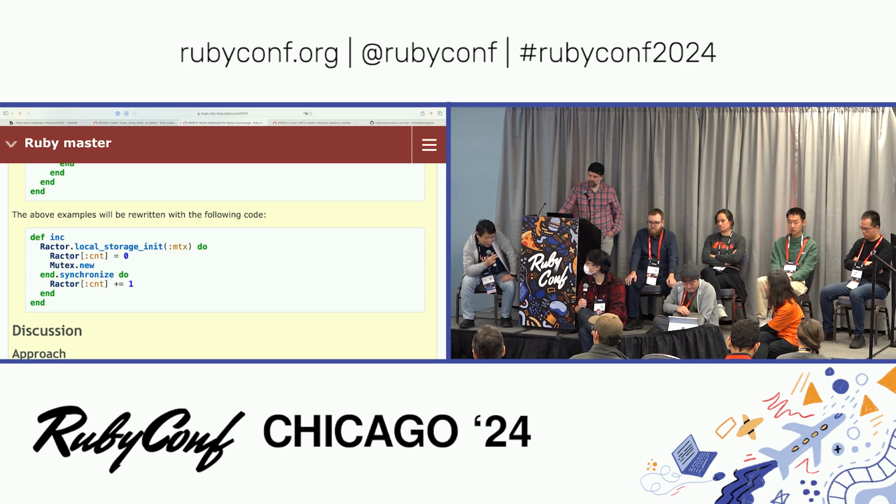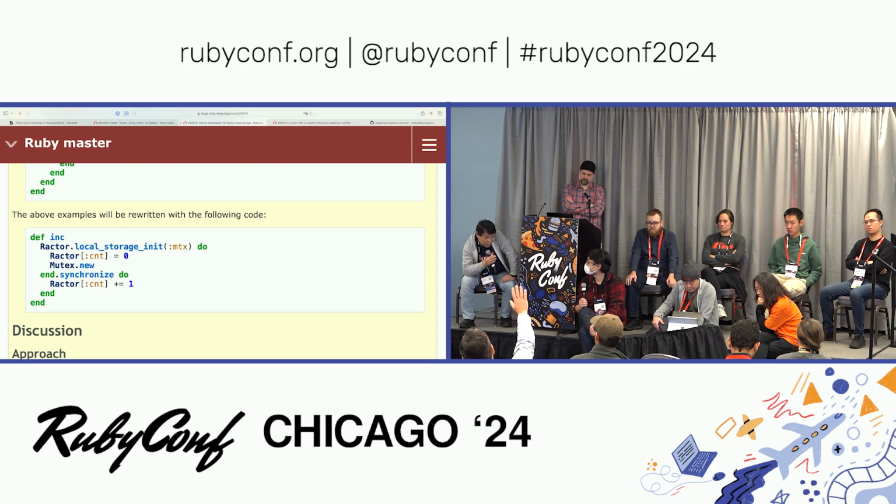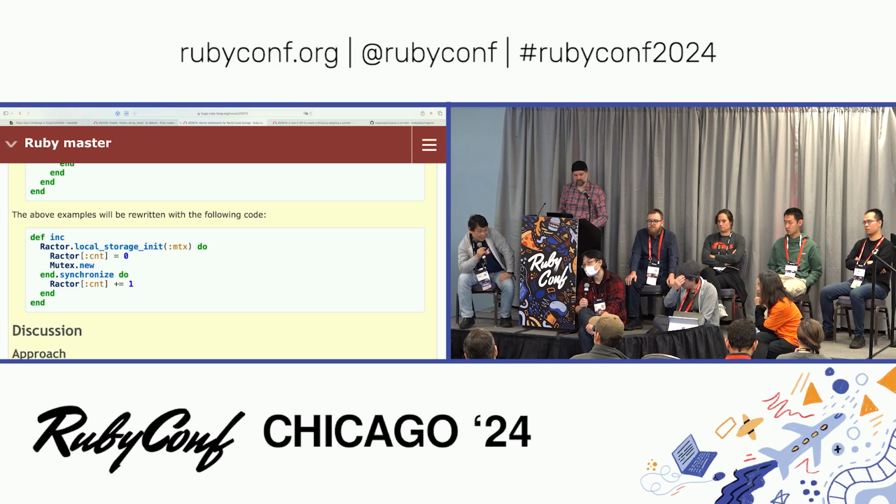So you have two local storages named MTX and count. Yes. But you only call the local storage init for the MTX because it should be atomic or something. So the count is also initialized at the beginning in this case. Yes, that's the begin.